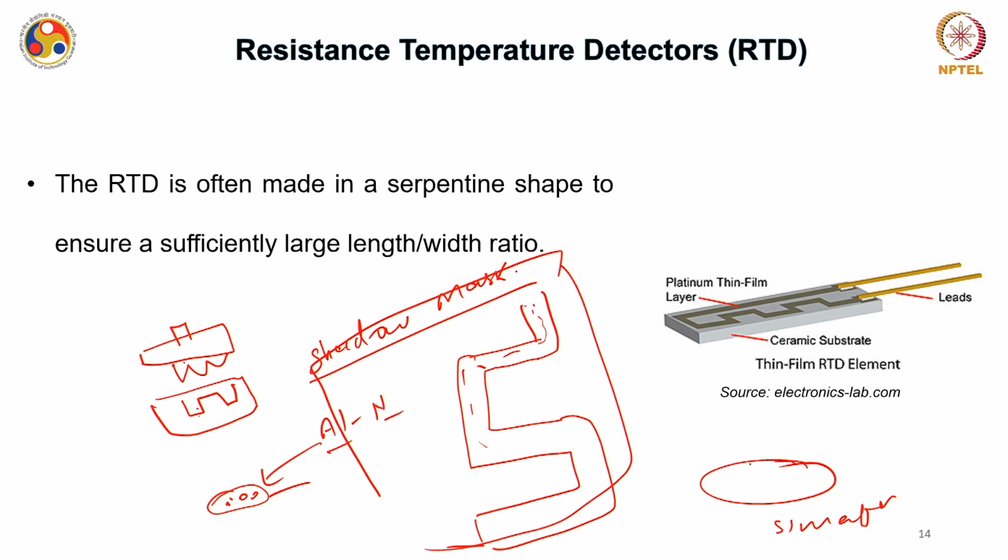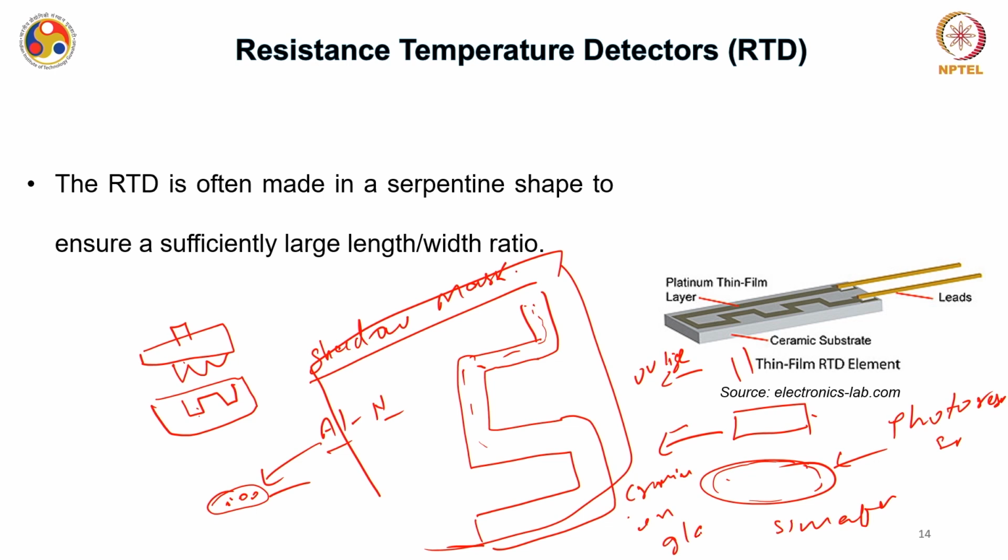On top of this, I coat a certain photoresist, and then I subject it to UV light. Say this is the UV light, through a mask. This is the hard mask, made up of say chromium on glass or something like this, chromium on glass, right. And then you expose it.